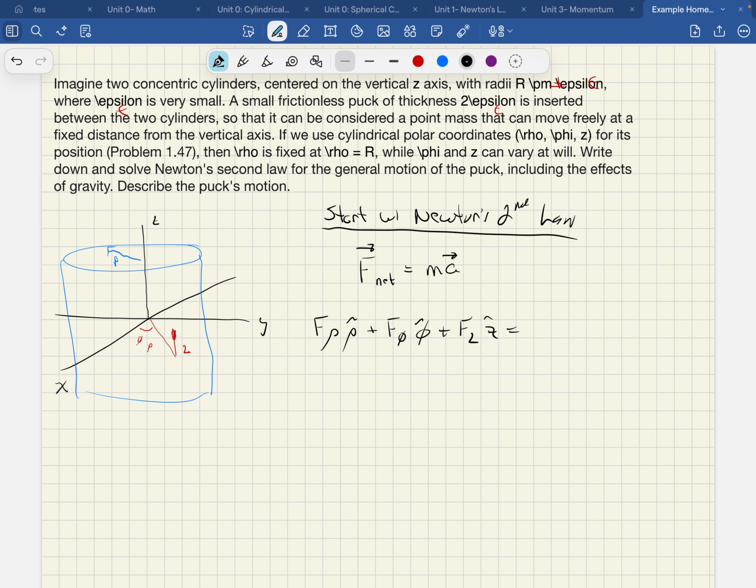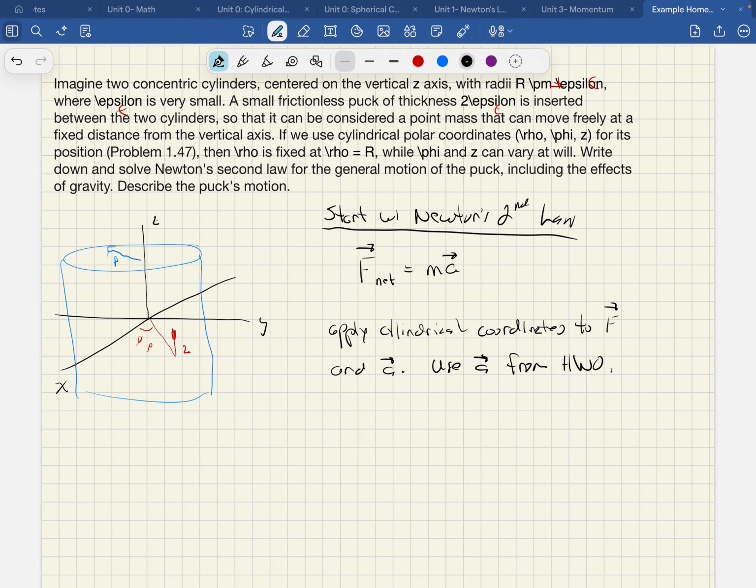We're going to apply cylindrical coordinates to F and A, and we're going to use A from homework 0.